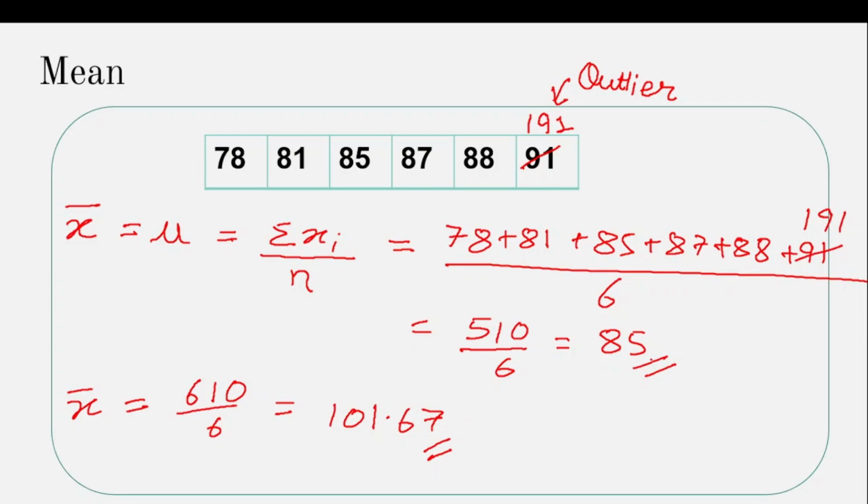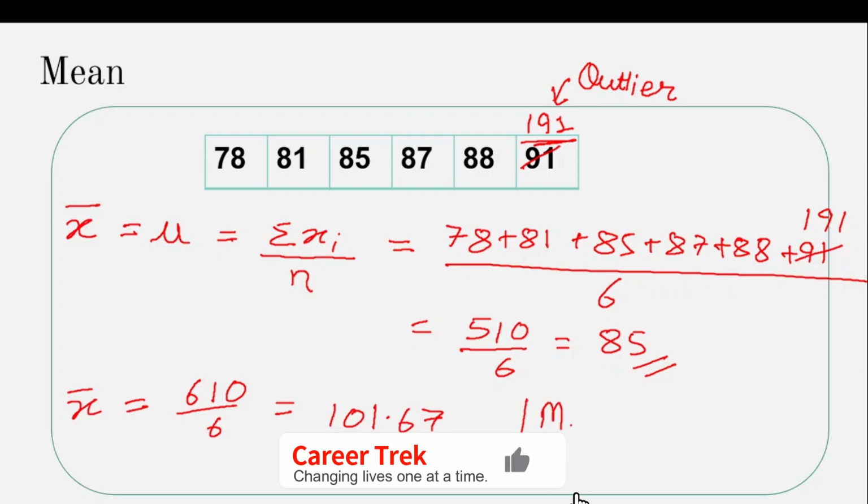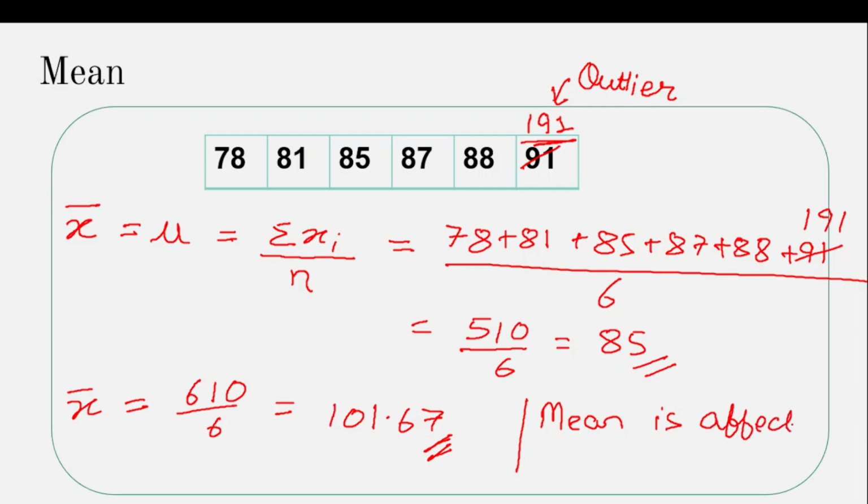Because of the presence of this outlier, the value of my mean got changed. So we can conclude that mean is affected by outliers in the data distribution.